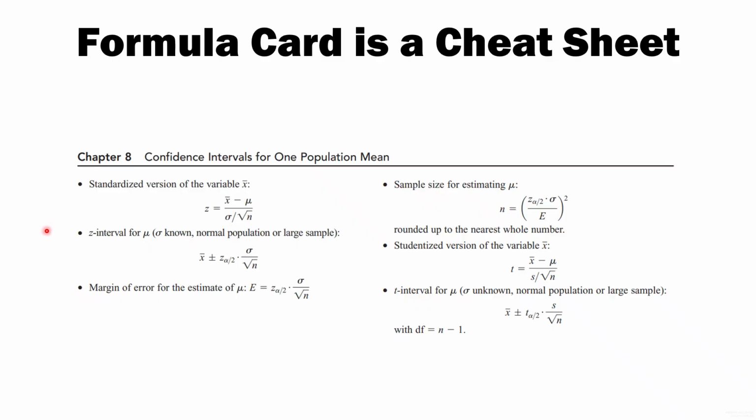So for example, if you look at the Z interval for mu, we've got our standard deviation is known. It's a normal population or a large sample size. But then as you move along and you get over to the T interval, you'll see that we do not know the standard deviation. And these are the assumptions. So don't sleep on the fact that your formula card is kind of a cheat sheet.